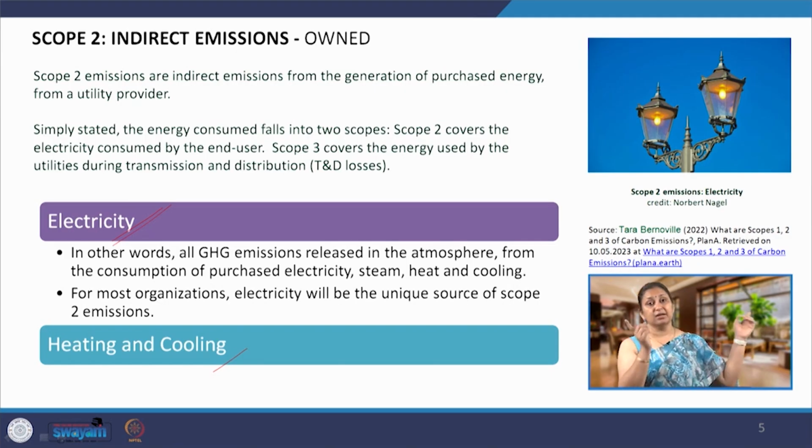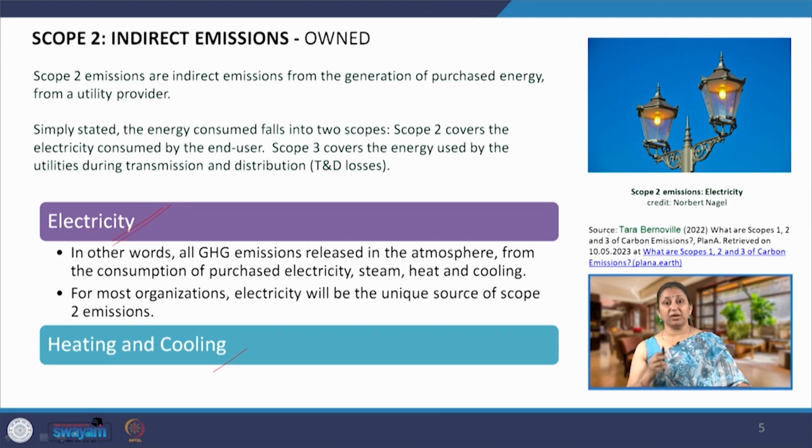There again we will look at the emission factor associated with the heating and cooling. For example, if the heating is being provided by burning conventional fuel centrally in the district, the units of heating that have been purchased, depending upon the efficiency or your requirement, will be multiplied with an emission factor depending upon the fuel that is used to produce the heating or to enable cooling.